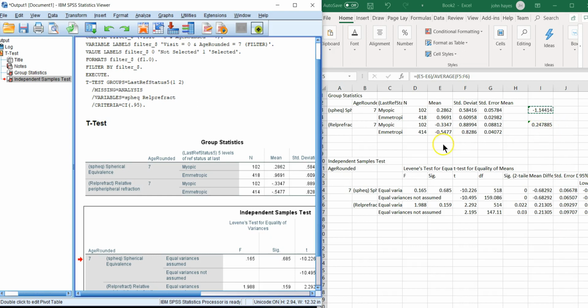So there's not a big difference in relative peripheral refraction between myopes and emmetropes at the first visit when neither group is myopic. The myopes, that's their final status, they're not myopic on the first visit. So that's kind of interesting.